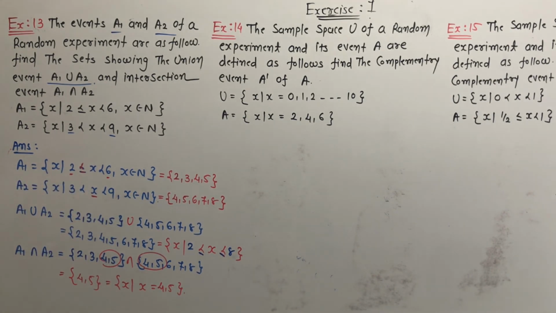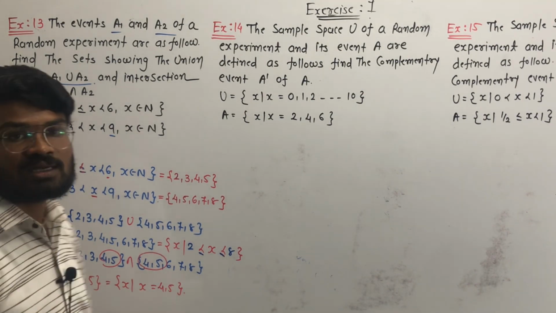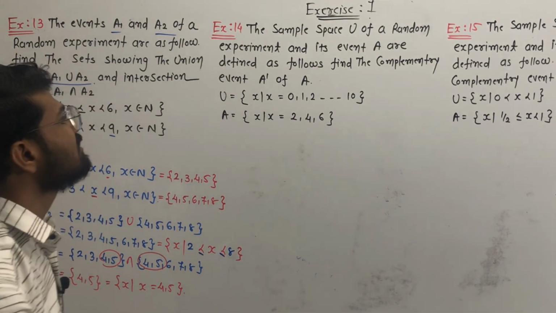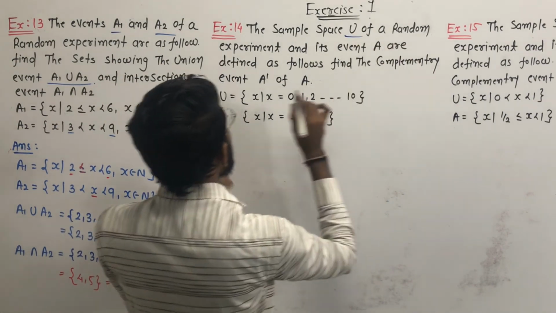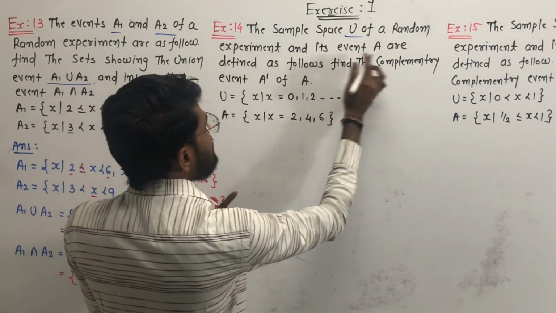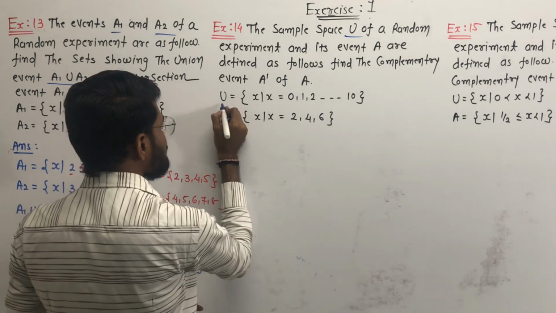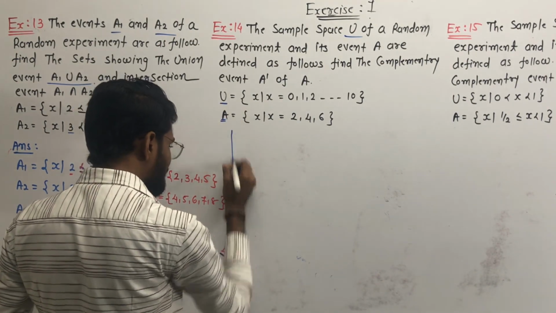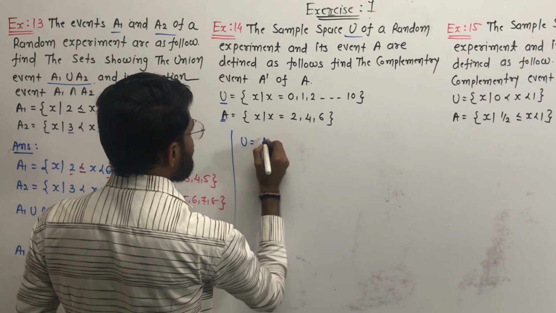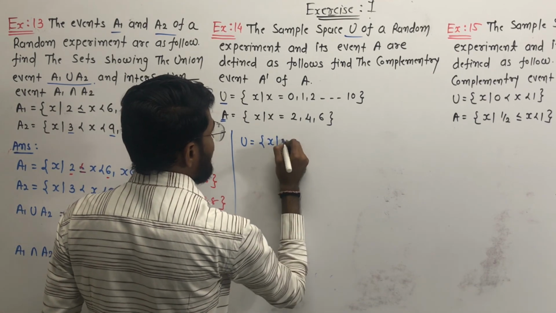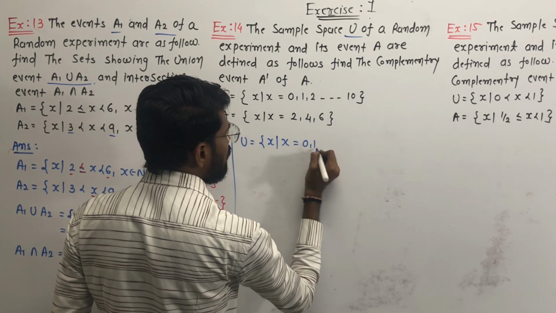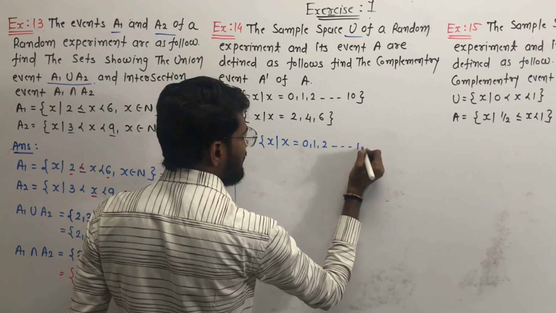Yes. Okay, now we are going to solve example number 14. The sample space U of a random experiment and its event A are defined as follows. Yes, sample space U and the event A are given. So we write the sample space U = {x : x = 0, 1, 2, and so on up to 10}.